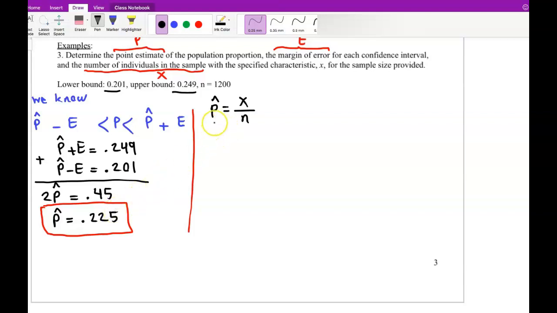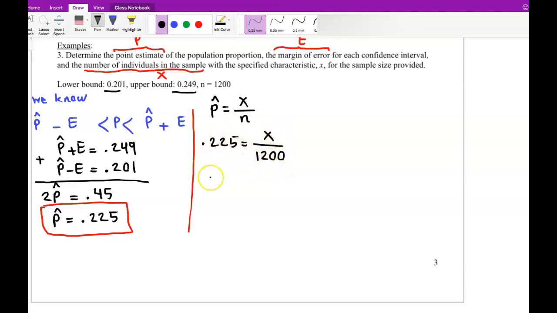From this part, p hat is 0.225 equal to, finding x, n is 1,200. Now solving for x, multiply by 1,200 to clear this denominator, or you can use cross product.